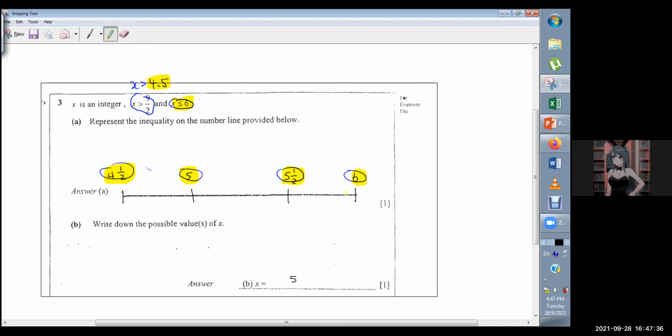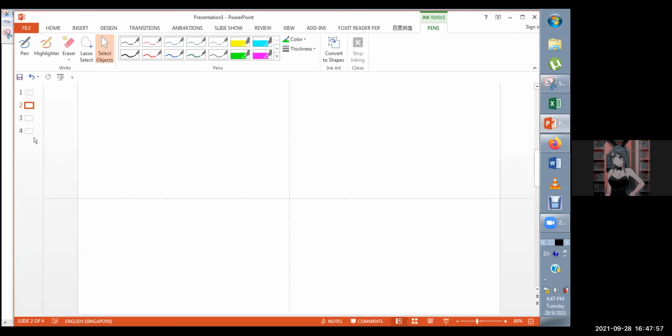Okay, it's a must. In fact, you can do without the 5.5. It's not needed. So now what we need to do is draw this x bigger than 4.5. What is your understanding of x bigger than 4.5, by the way?